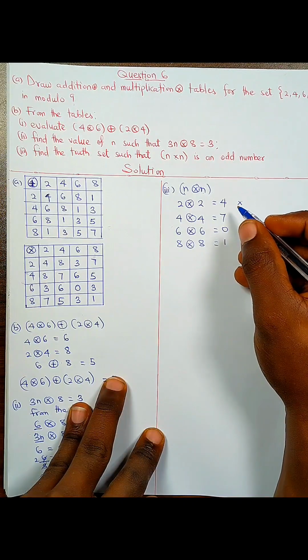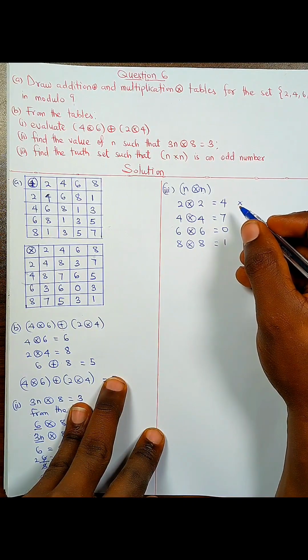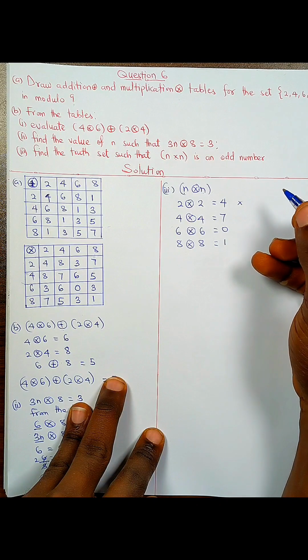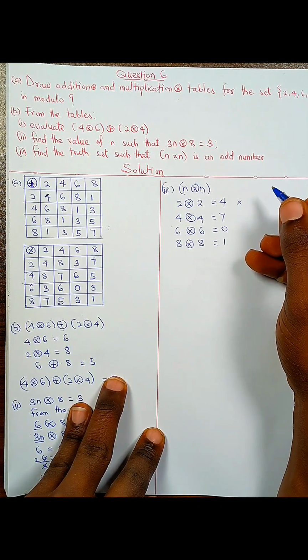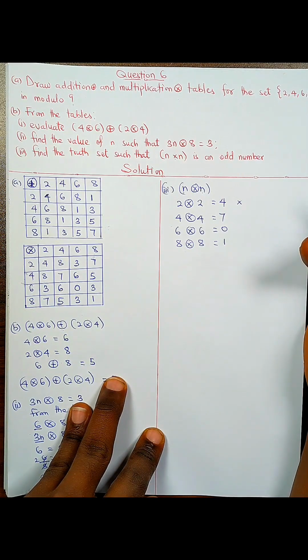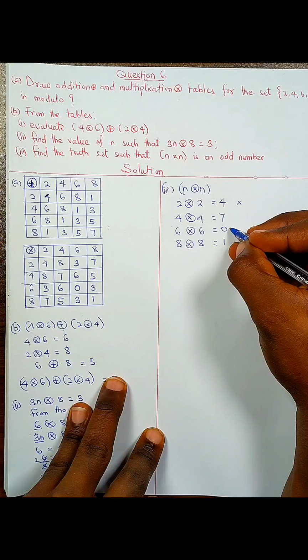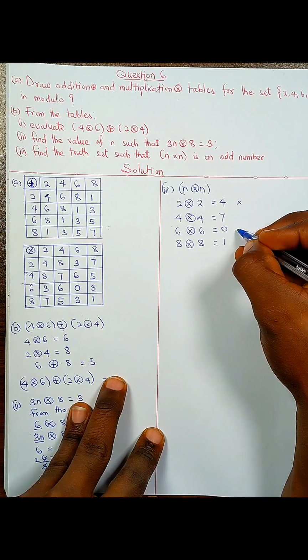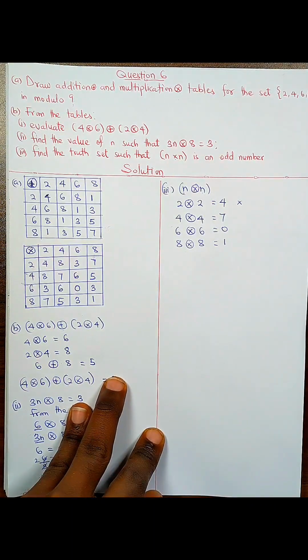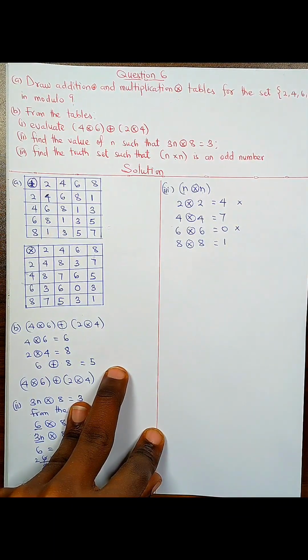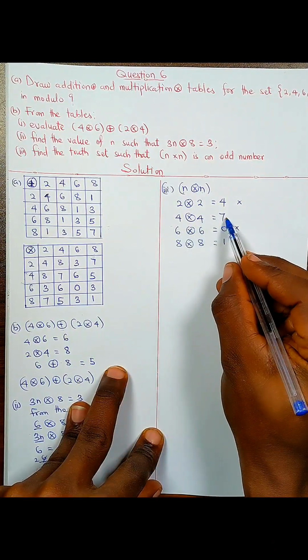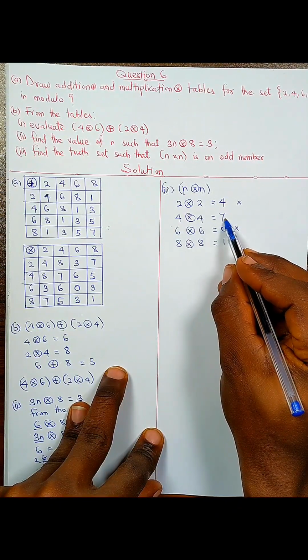An odd number is a number that cannot be divided by 2 without a remainder. 0 divided by 2 gives you what? 0. Is 0 a remainder? So it means 0 can be an even number.